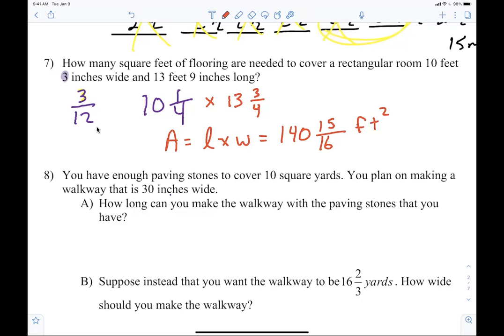I'm a little confused on how you would get a 15th of a foot. I don't see a 15th of it. You mean 15 over 16. It just doesn't have to work out to be exact, right? I understand what you're saying. What's a 16th of a foot? Literally, it's a 16th.